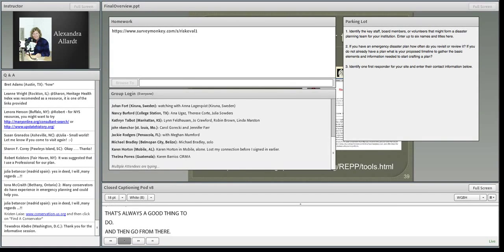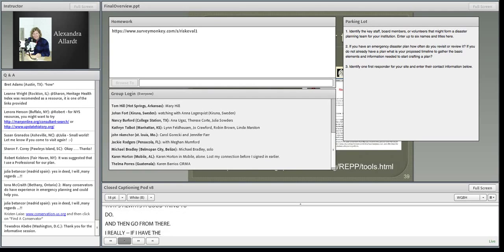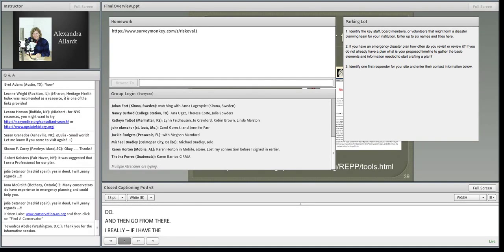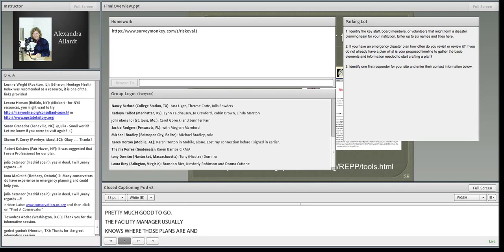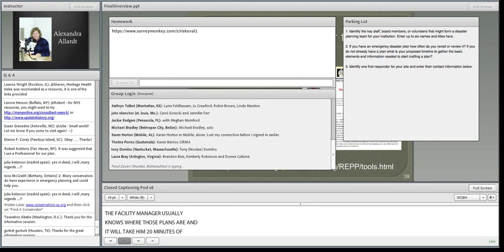The facility manager usually knows right where those plans are, and it'll take him 20 minutes of his time. And asking 20 minutes, people can give you 20 minutes. What they're afraid of is going, oh my God, we're going to go through so many meetings. That's not what you're asking them to do. Just ask them for a short amount of time and just find this one piece of information.